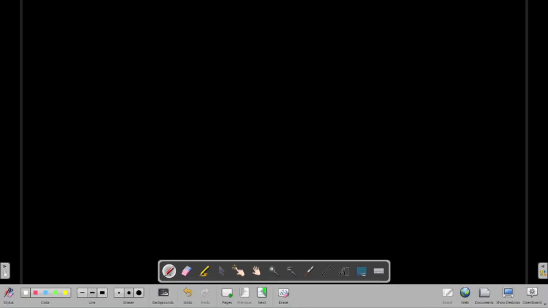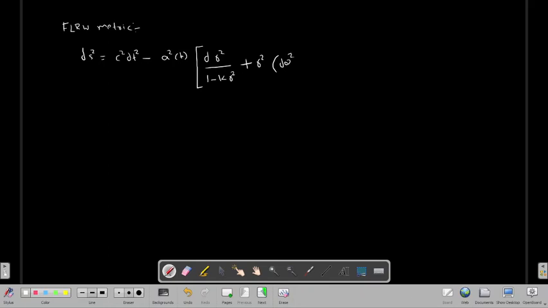In the last lecture we derived the FLRW metric, which was given as ds squared is equal to c squared dt squared minus a squared, which is the scale factor, times dr squared upon 1 minus k r squared, where k is the constant responsible for curvature, plus r squared d theta squared plus sine squared theta d phi squared.